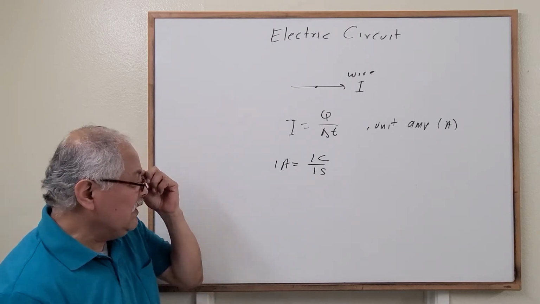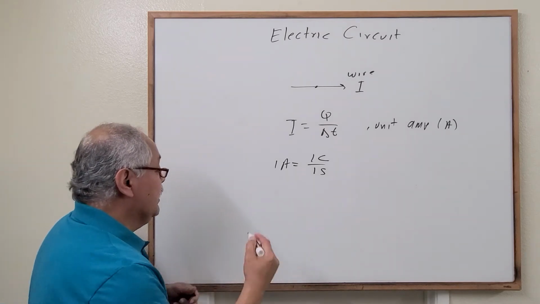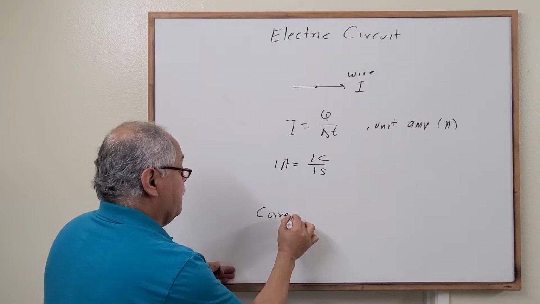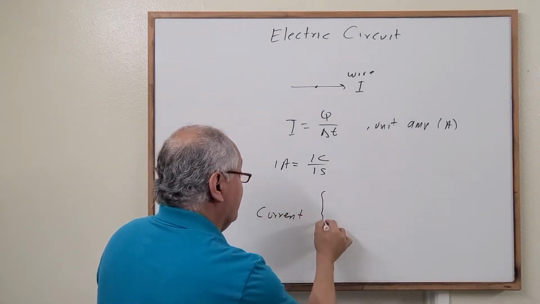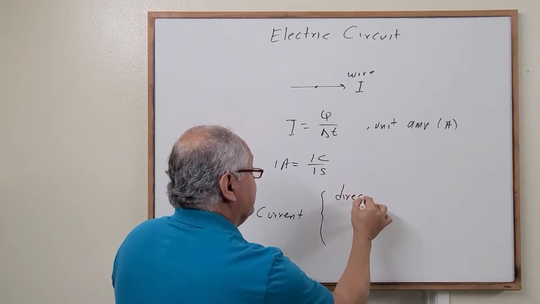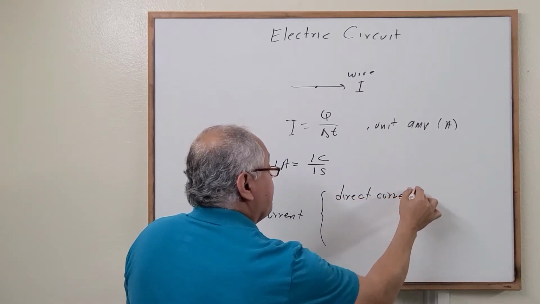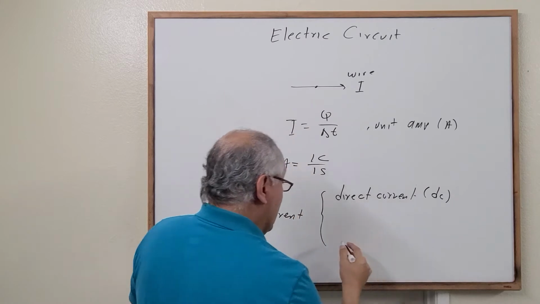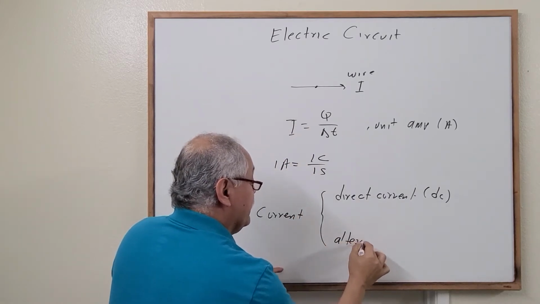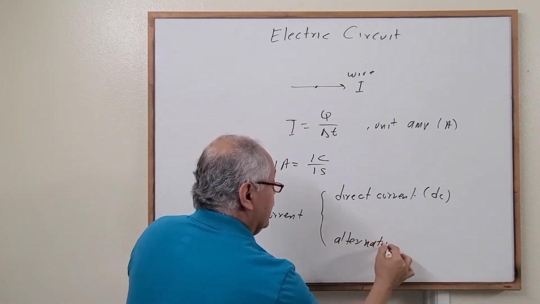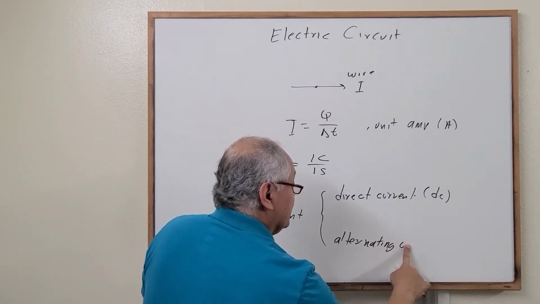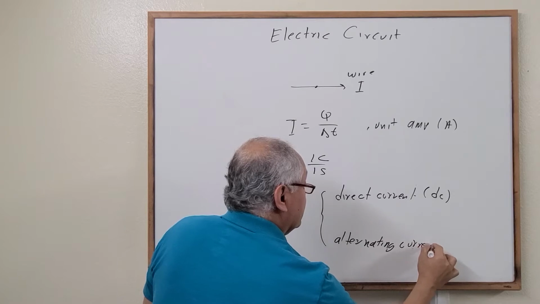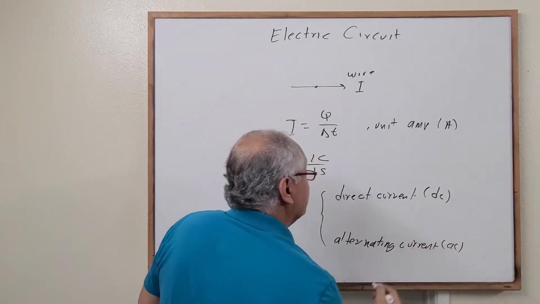Okay, now when we're dealing with current, we have two types of current. We have direct current, DC, and we have alternating current, AC.